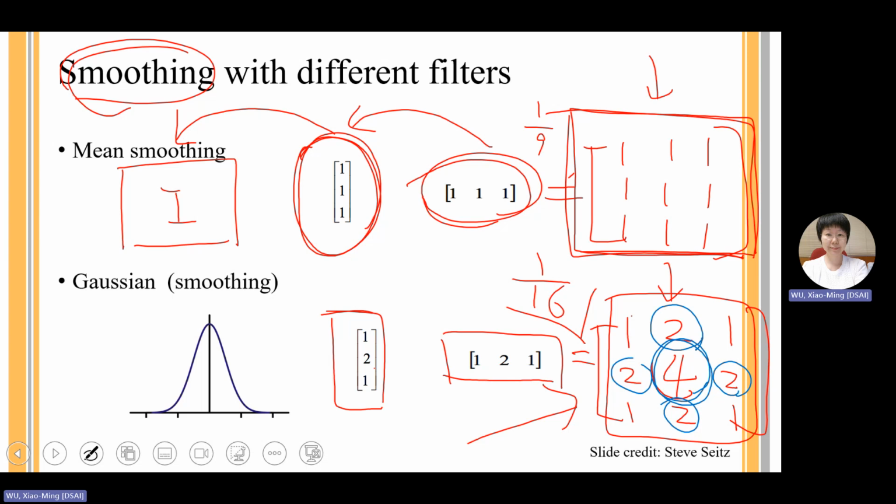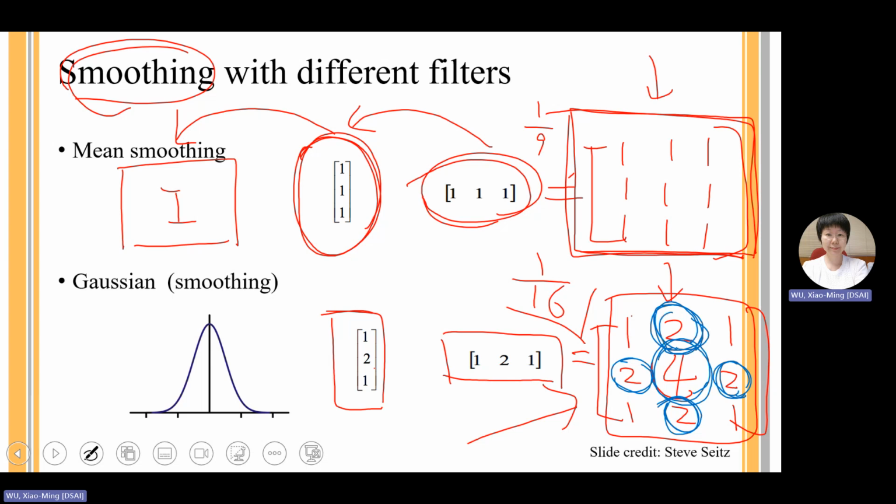So for the Gaussian filter, the weighting of the pixels decreases with respect to what? With respect to the distance to the center. The weighting of the pixels is inversely proportional to their distances to the center. Clear?